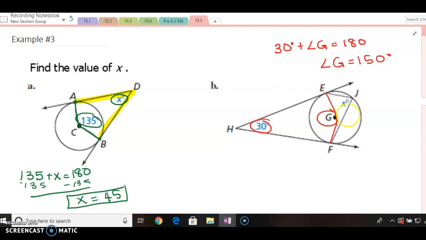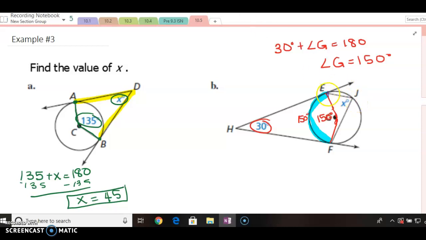So I'm going to delete that and say this angle is 150. Now, if I know this central angle is 150, what would that tell me about the measure of arc FE? Well, the central angle and the intercepted arc are the same, so if this is 150, the arc has to be 150 degrees as well.